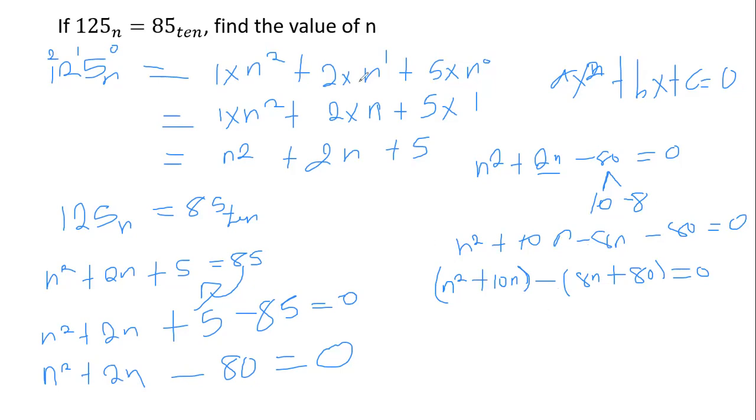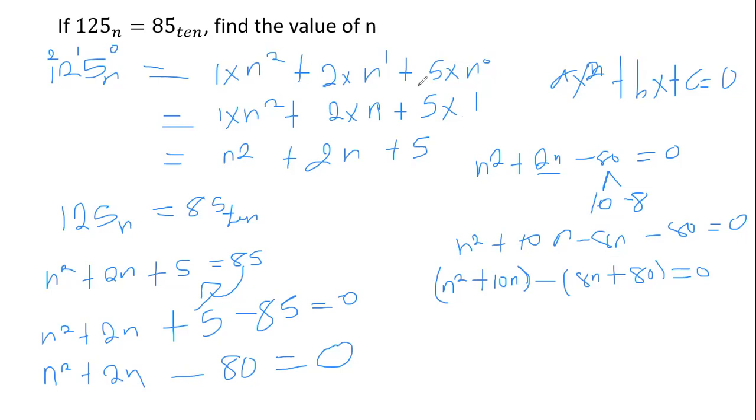After doing the pairing, we are going to find the common factor in each bracket. What is the common factor in the first bracket? The number that we can divide n squared by, and as well divide 10n by.